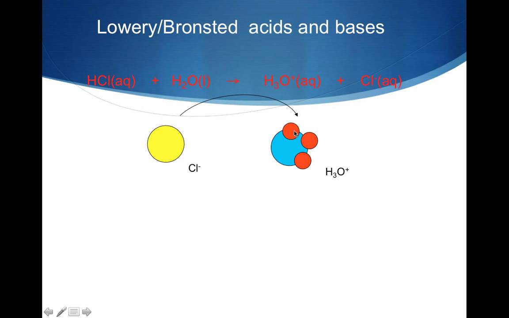Now what this little red blob is representing is a hydrogen ion, or just a proton, because remember, hydrogen has one proton, one electron, gives away its electron, so we're just left with a proton. So if you have hydrochloric acid, this is hydrogen and chloride ions together, we are going to lose this hydrogen ion and it's going to be transferred to the water, which is our base.